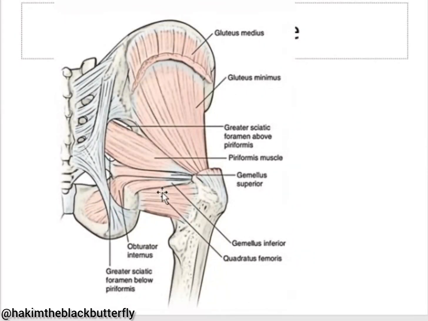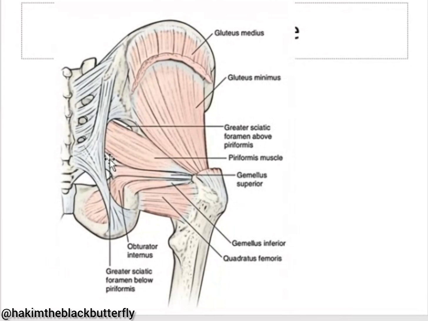One of two nerves, one known as the superior gluteal nerve, supplying gluteus medius and minimus, they pass through the greater sciatic foramen but above piriformis. That's where the word superior comes from. And inferior gluteal nerve passes through the greater sciatic foramen below piriformis. That is where the word inferior comes from.